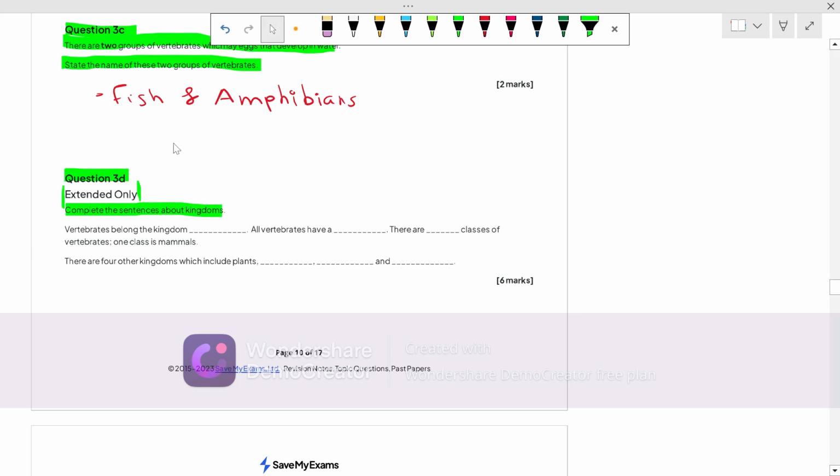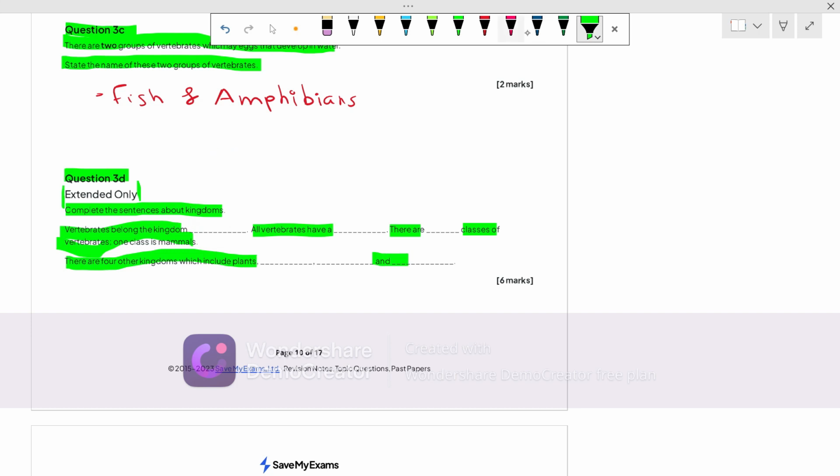Vertebrates belong to the kingdom dash. All vertebrates have a dash. There are dash classes of vertebrates. One class is mammals. There are four other kingdoms which include plants, dash, dash and dash.